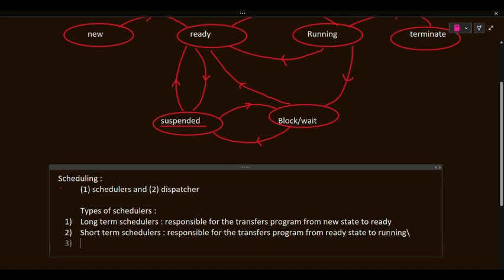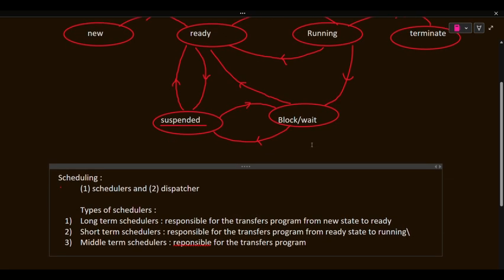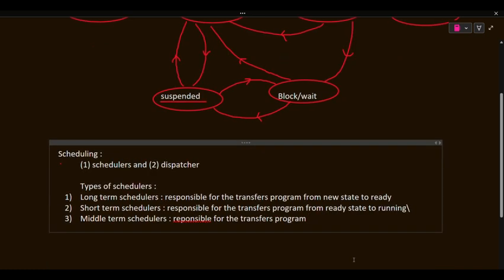And the last one is the middle-term scheduler. Middle-term schedulers are responsible for scheduling processes from the ready state or the blocked state into the suspended state. It decides which process is to be suspended from the ready queue or the blocked or waiting queue.